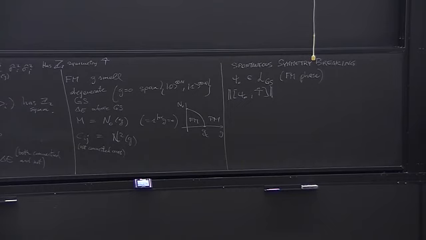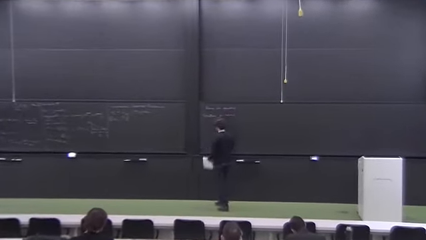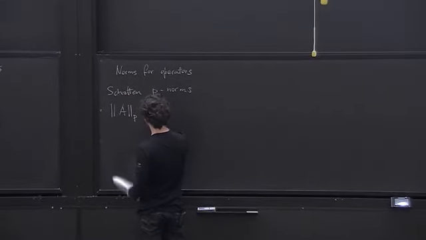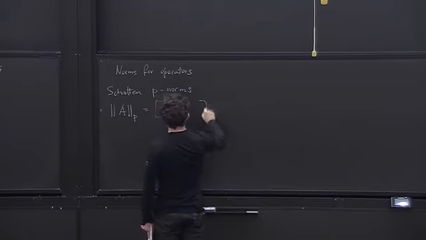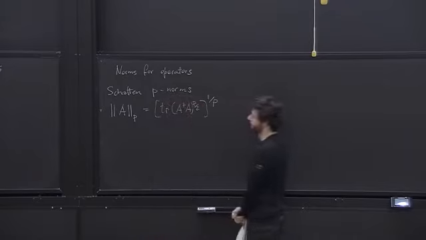So we will use this family of norms called Schatten P norms, which are defined in this way. So the P norm of an operator A is the P root of the trace of A dagger A to the P over 2.